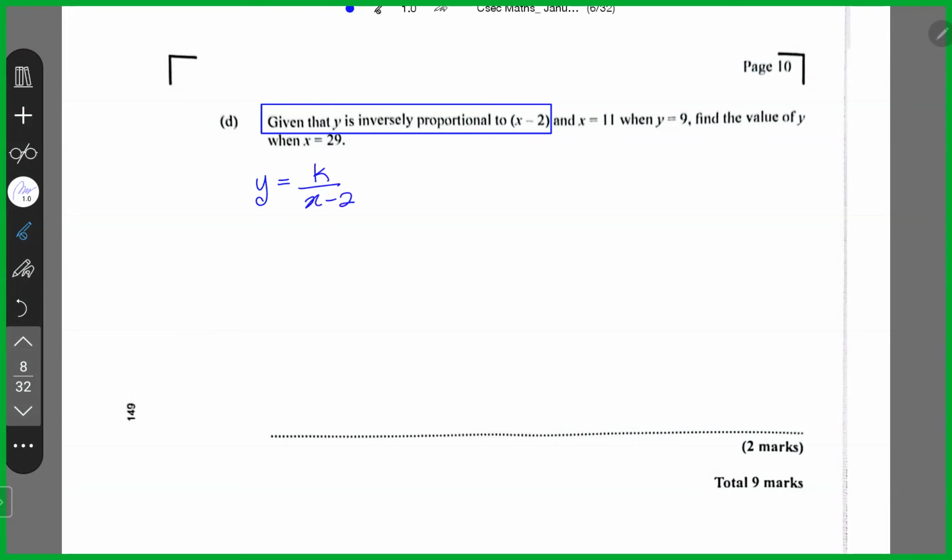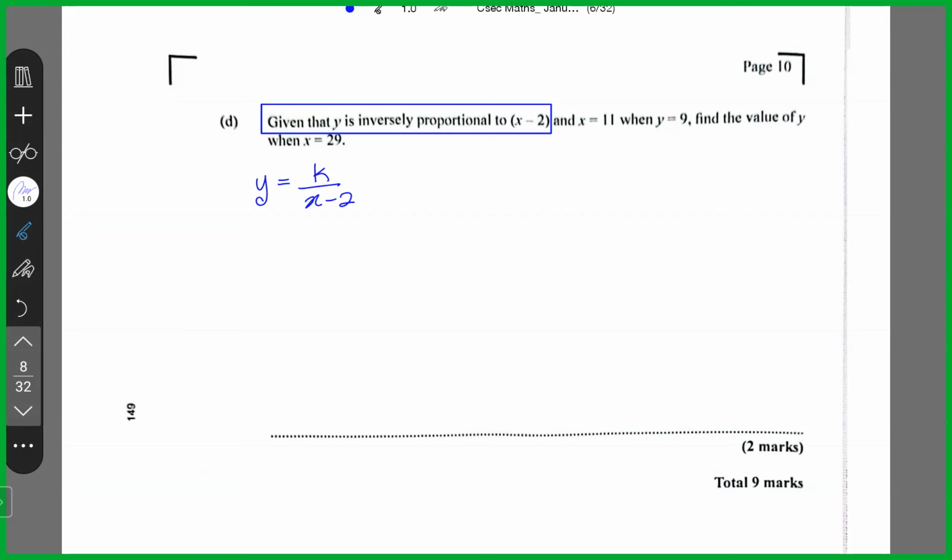So the topic is variation, and in variation, there are two operative words: either inversely or directly. If the word was directly, it would be k multiplied by. If the word is inversely, it would be k divided by. So that is step one in my variation question.